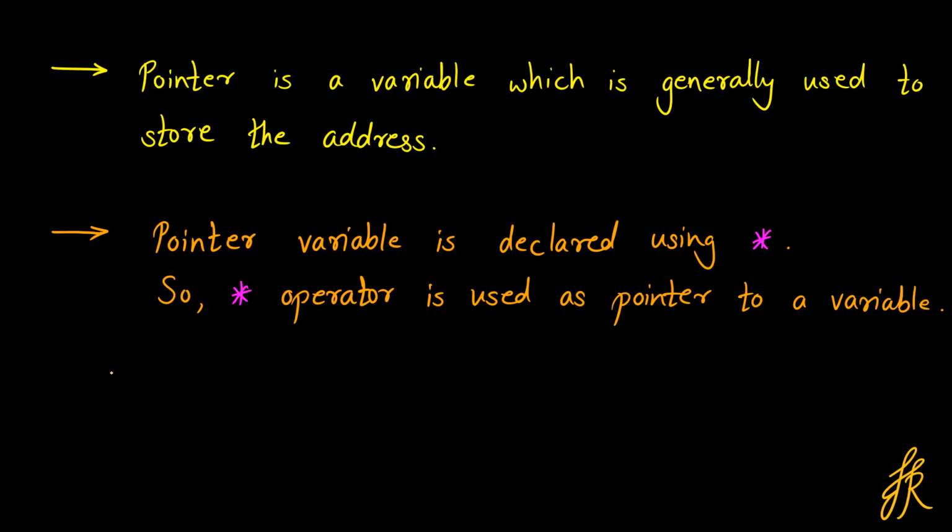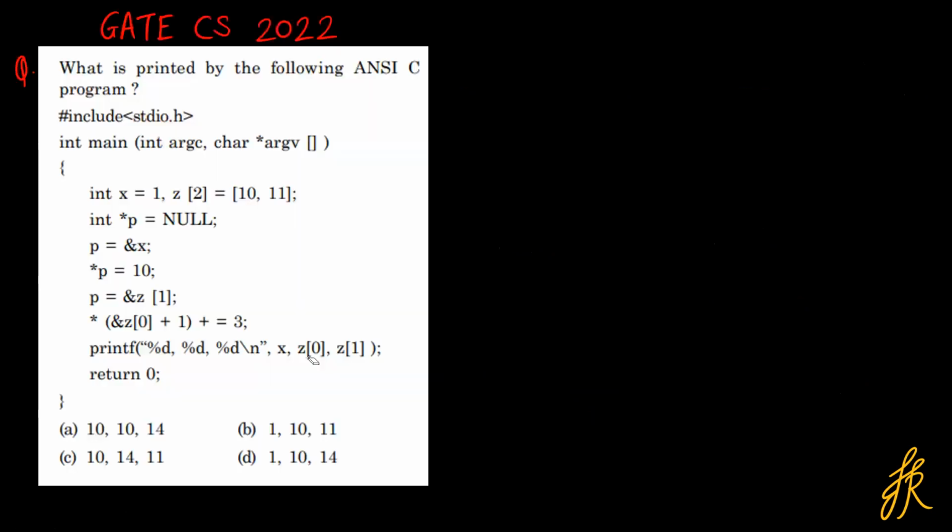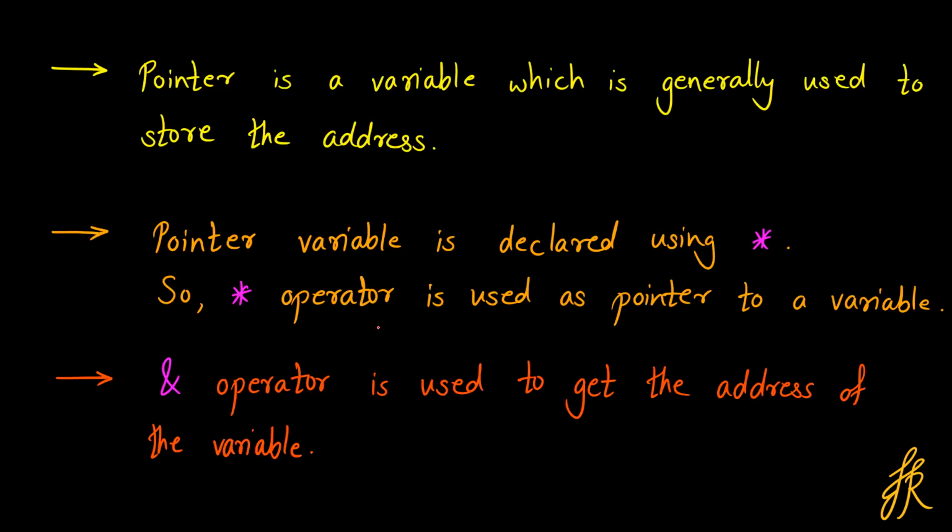And why do we use this ampersand operator? This ampersand operator is used to get the address of the variable. Now you know about the notations used in pointers. In this question, we have used star as well as ampersand, so these concepts will be useful.